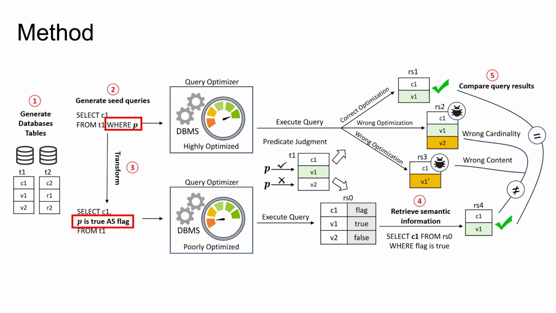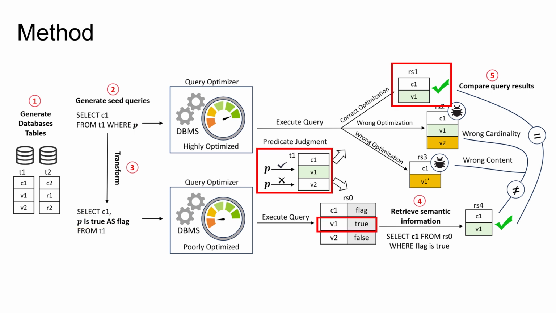And the new column, let's call it flag, checks if the original where condition is true for each row. The important part is that this changed query usually doesn't have a main where clause anymore. This often forces the database to scan the whole table instead of using faster optimization tricks.